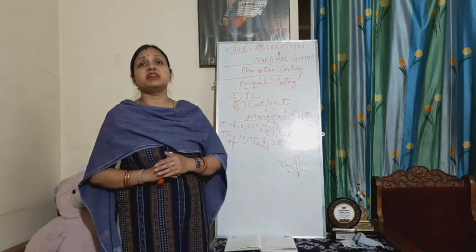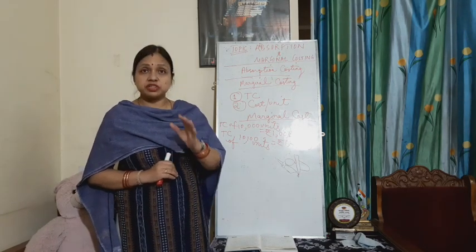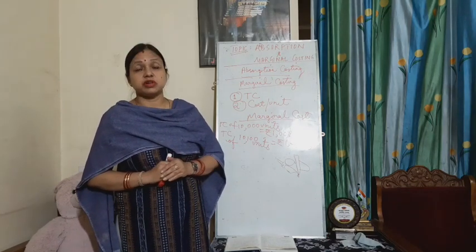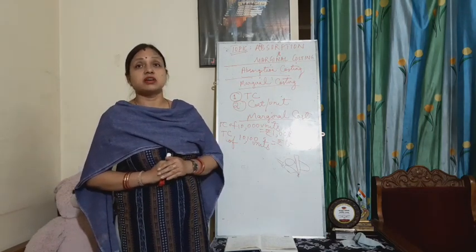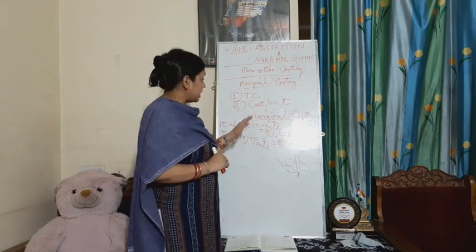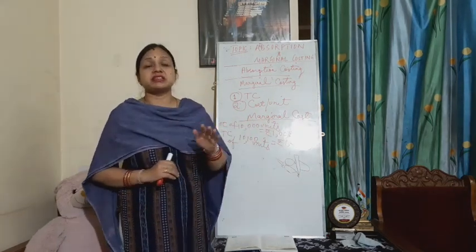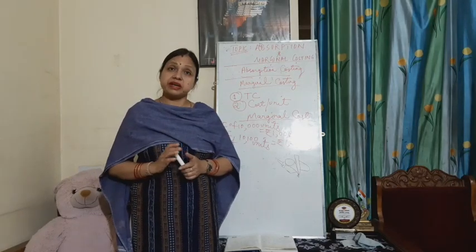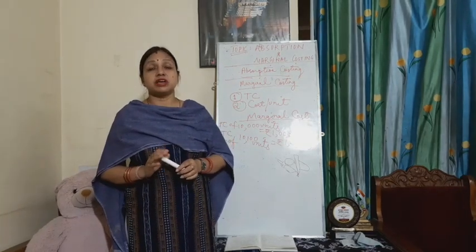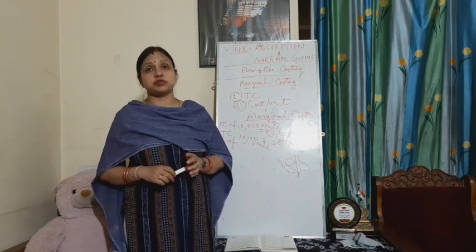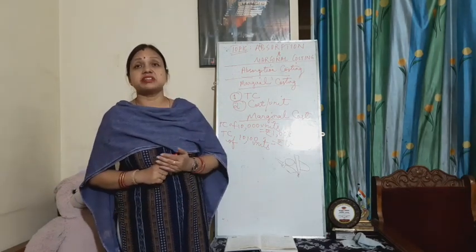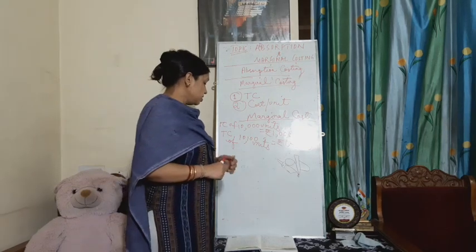Total variable cost will decrease when production decreases, but variable cost per unit will remain constant throughout irrespective of the number of units produced. And another major assumption of marginal costing is that the total fixed costs remain the same throughout irrespective of the level of output. So, my dear students, these are certain assumptions relating to marginal costing.